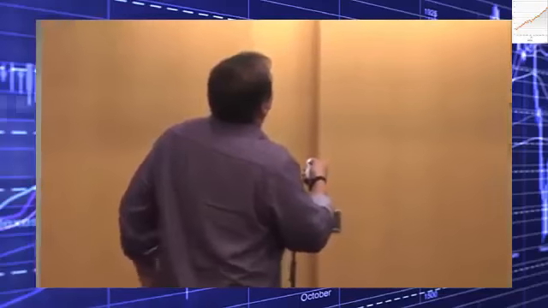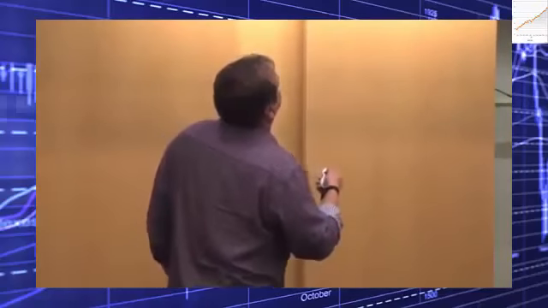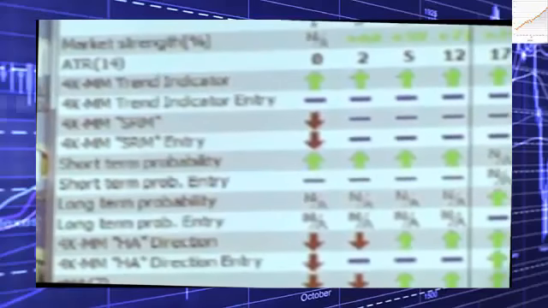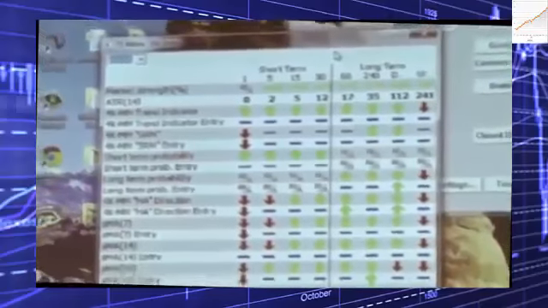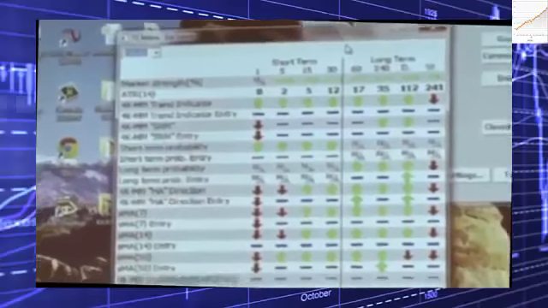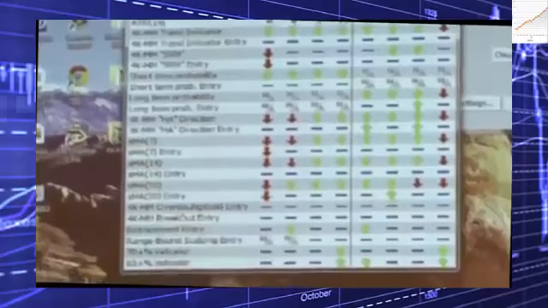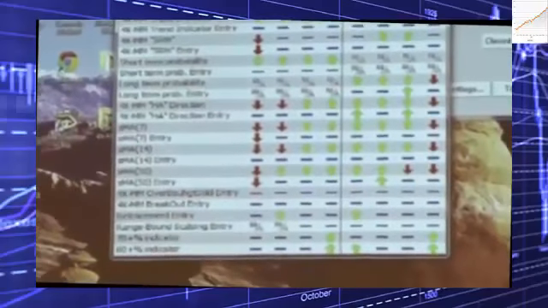There's our probability indicator, which is the probability that this market will be going up over the next 30 minutes, and so on. Then we've got the Heikin-Ashi. We've got the different moving averages, your overbought, oversold, and so on.